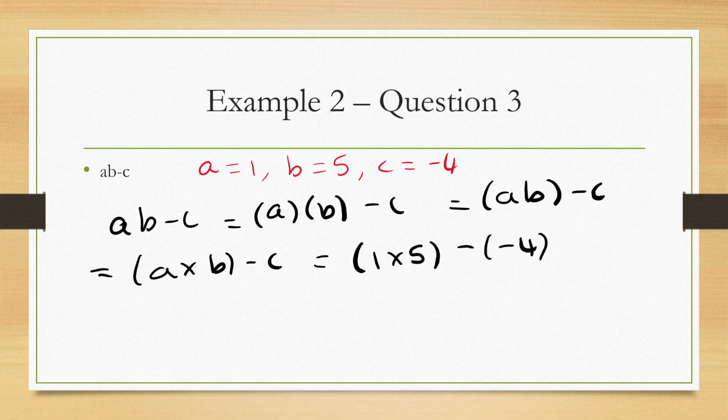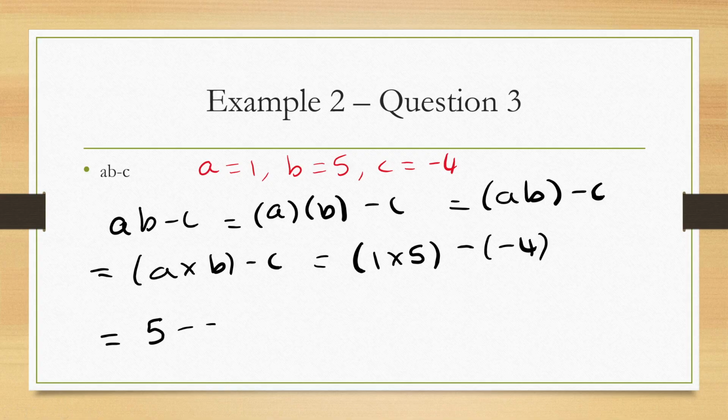So you just substitute in the values. You have 1 multiplied by 5 in this bracket, then you have minus. When you're substituting things in, it's usually best practice to put a bracket, then the value, and then close the bracket.